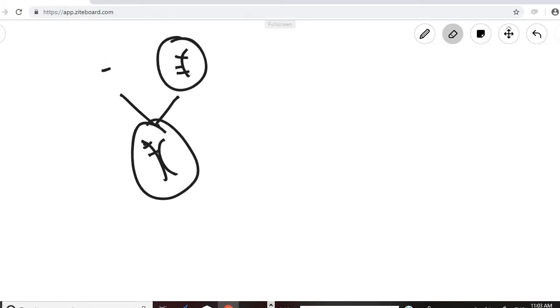Depending on what is contributed by the male and the female, that will determine the genotype for the offspring, and then obviously the genotype determines the phenotype of the offspring. So basically what meiosis does is that it separates the alleles.